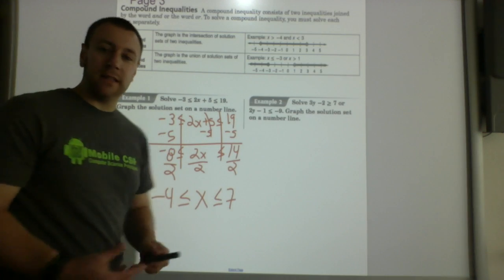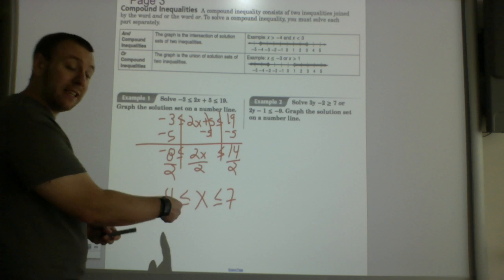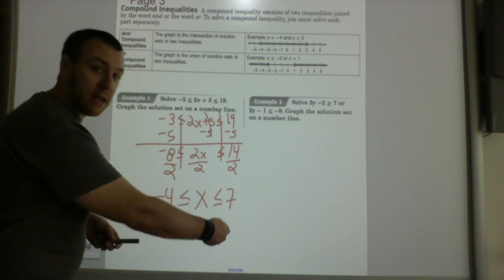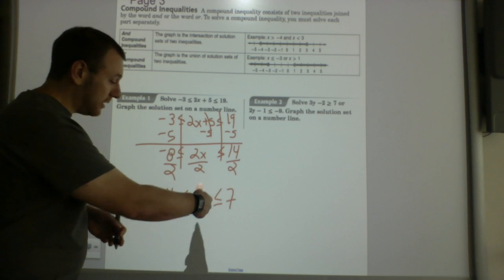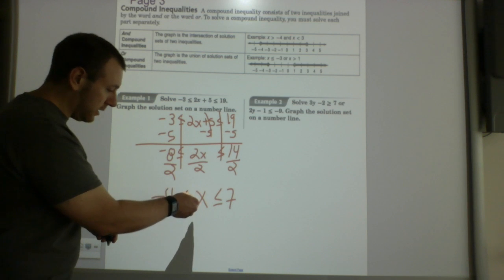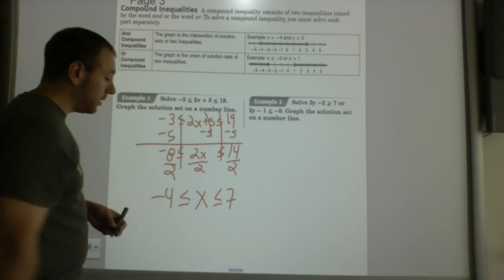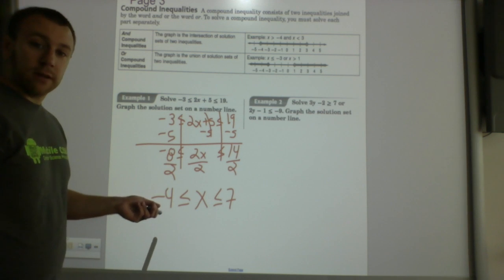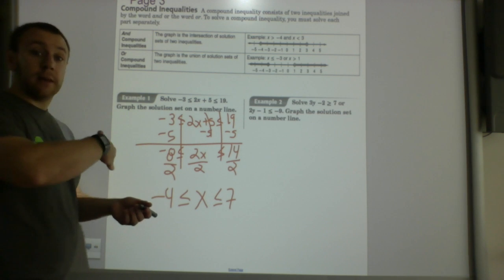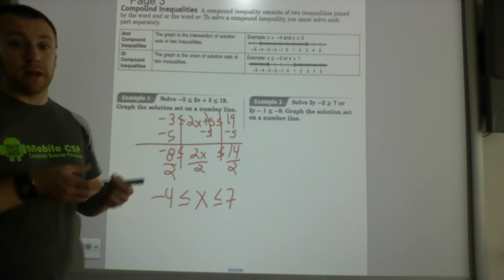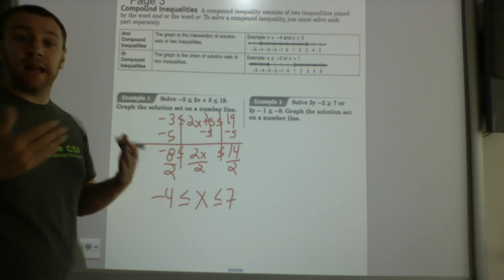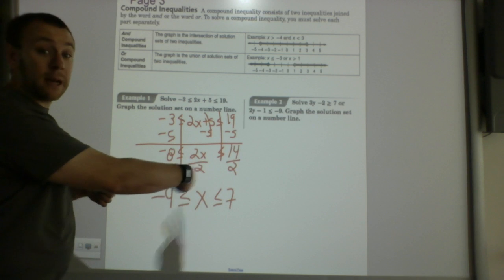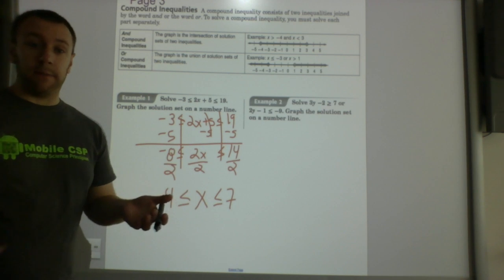So that means, if I read this, x is in between negative 4 and 7. Because it's in between, it's greater than negative 4 and less than 7. Do I have to flip the inequality because I have a negative 4 here? Well, going back to that previous rule, I only flip when I multiply or divide by a negative. I divided by a positive, so I don't have to flip.